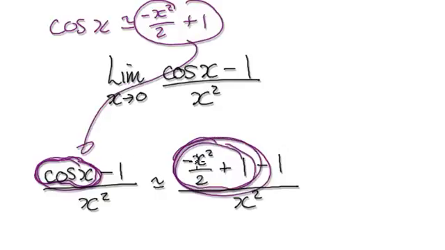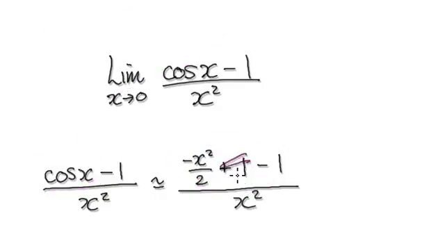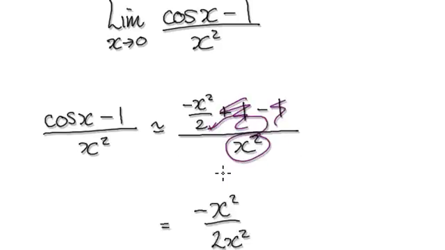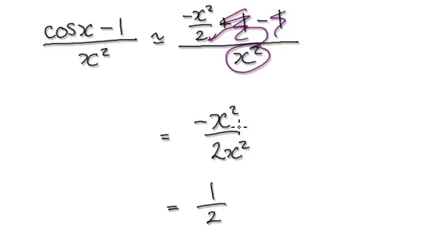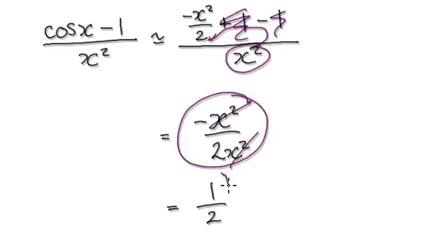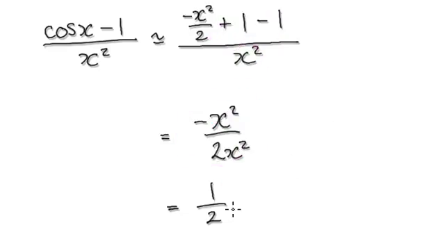That's this bit here. Okay, so now tidy this up. These two will cancel out. This gets multiplied to the bottom. That will then give you this, and then these two cancel out, giving you negative a half. Okay, so this is our approximation method.